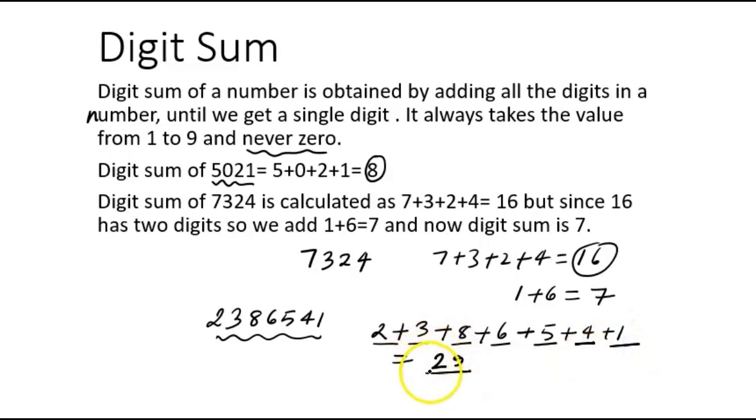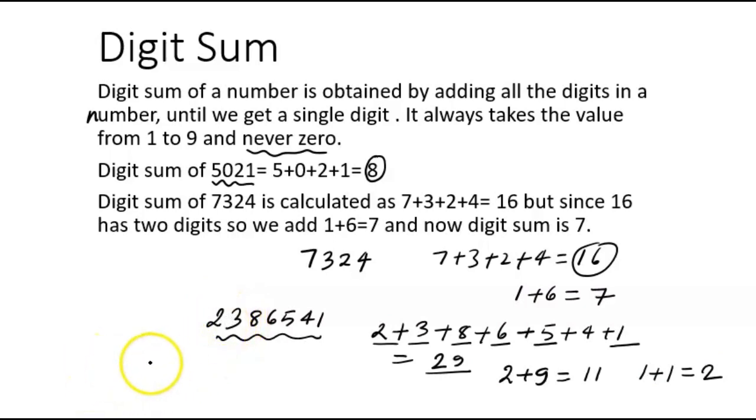Now 29 is not the digit sum because this is a 2-digit number, so we have to add 2 and 9 again, so we get 11. Now again 11 is a 2-digit number, so we have to add 1 and 1, and what we get is 2, right? So the digit sum of this number is equal to 2.